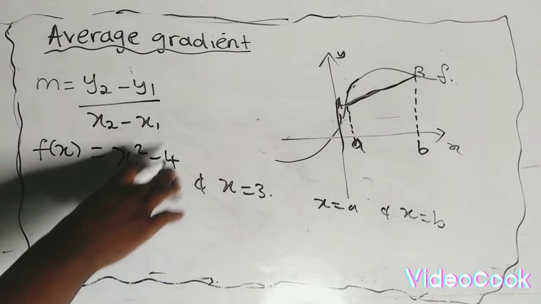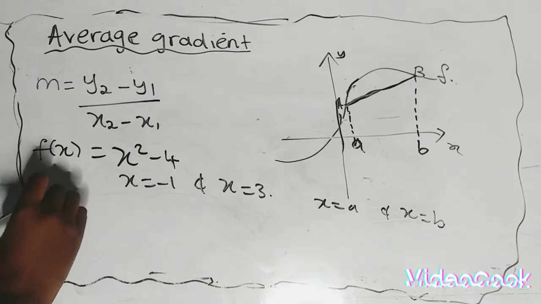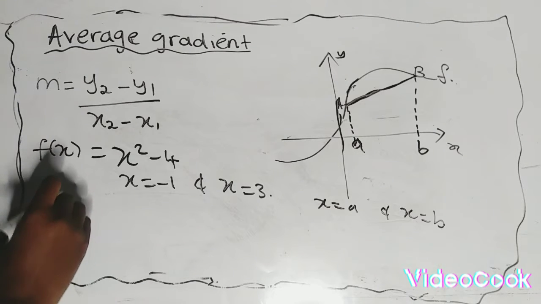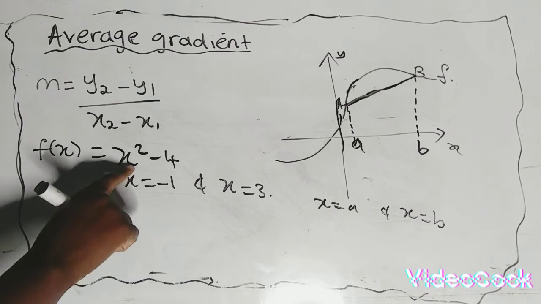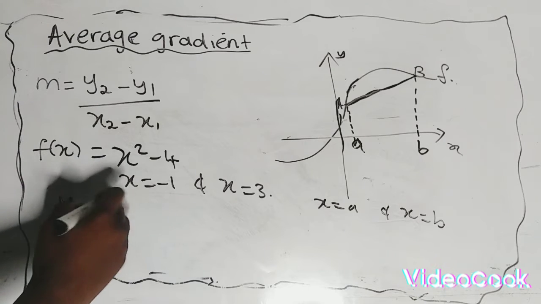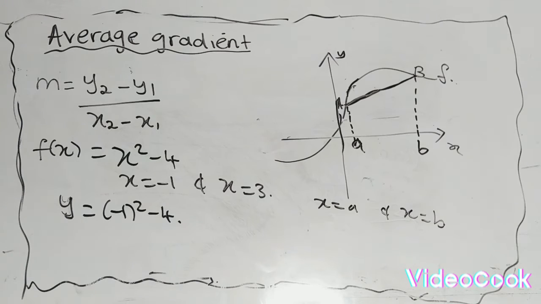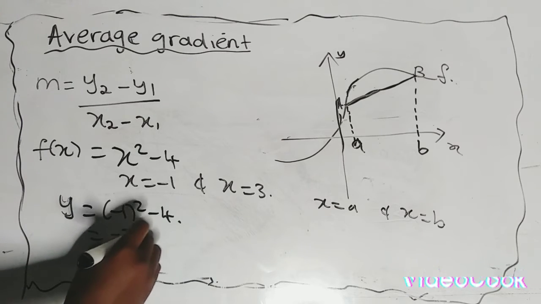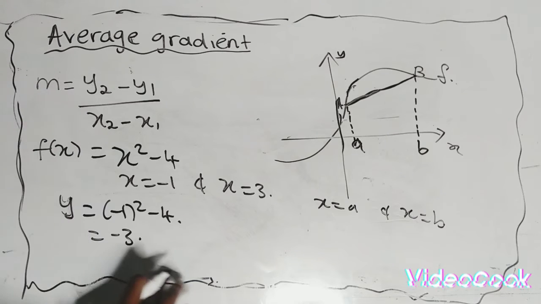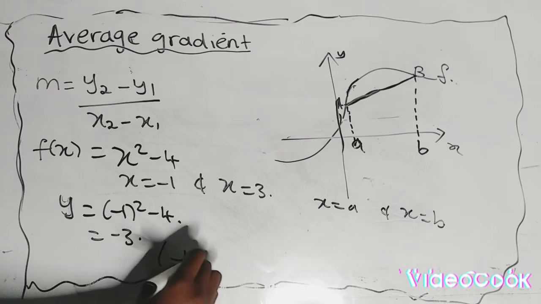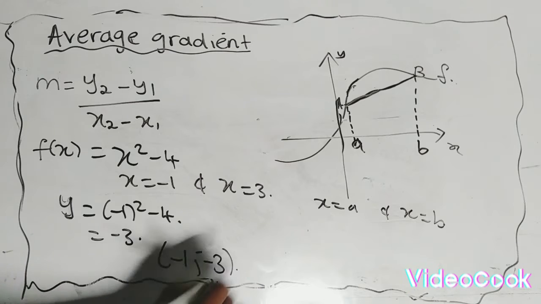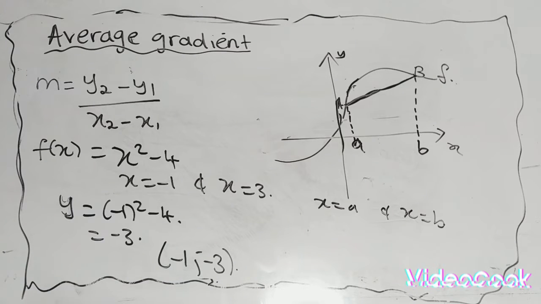When x is minus 1, what will be my value for y? y is equal to minus 1 squared minus 4. Minus 1 squared is a positive 1, and 1 minus 4 gives a negative 3. So my first set of coordinates is minus 1, minus 3. When x is minus 1, my value for y is minus 3.